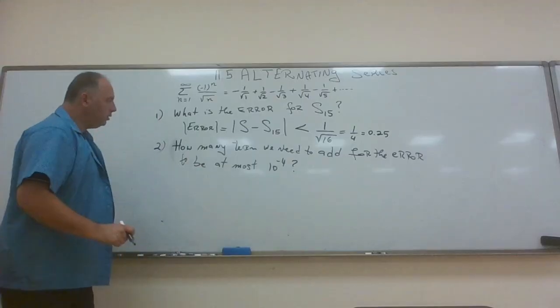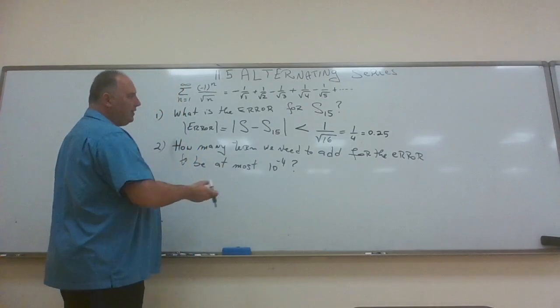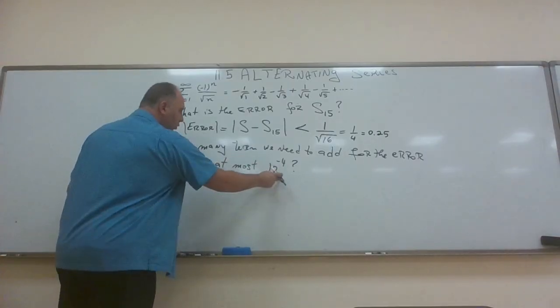So we want an error smaller than this. So how many terms? Obviously the goal is not to add 10 million of them, it's to add the minimum possible to respect this error.